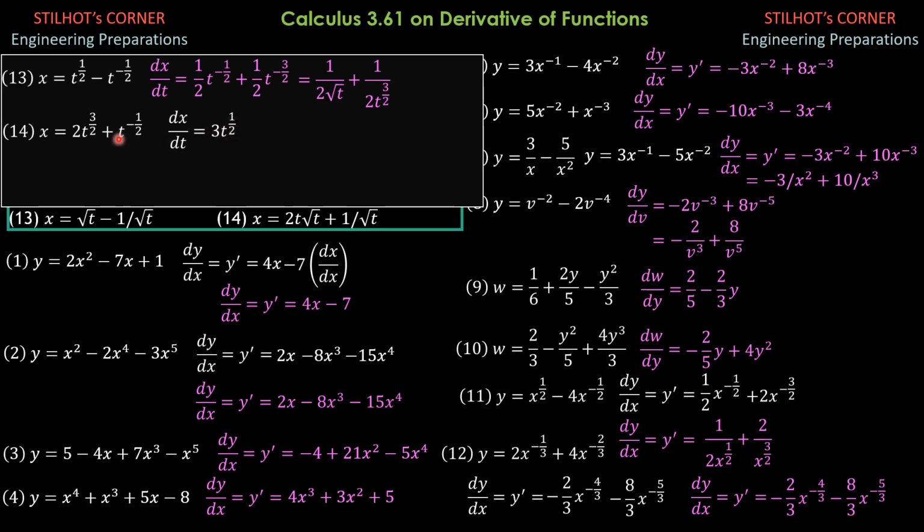Then 1 times negative 1/2 is negative 1/2, t to the negative 1/2 minus 1, negative 3/2. So minus 1/2 t to the negative 3/2. So writing the answer in this form, dx/dt is 3 square root of t minus 1 over 2 t to the 3/2.